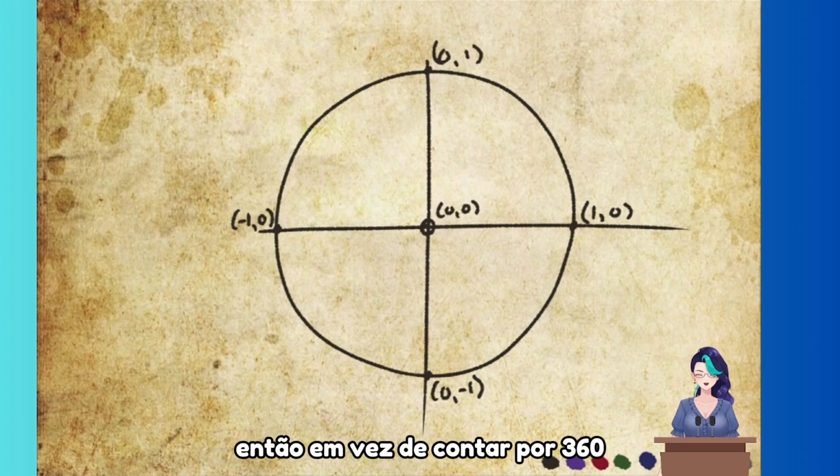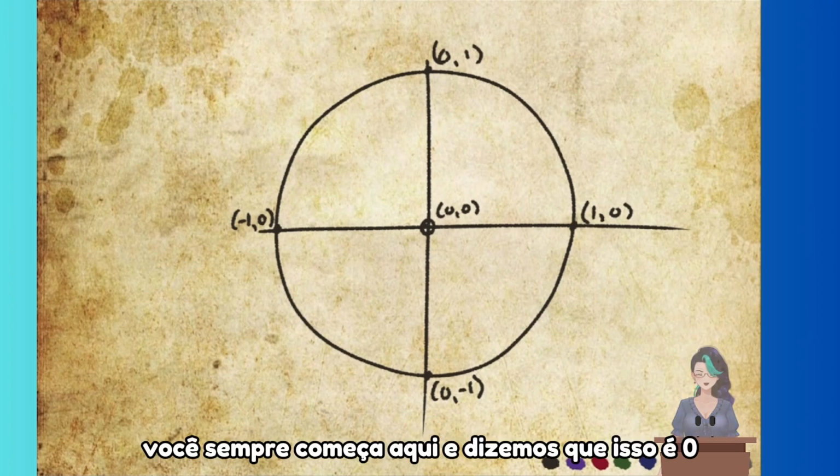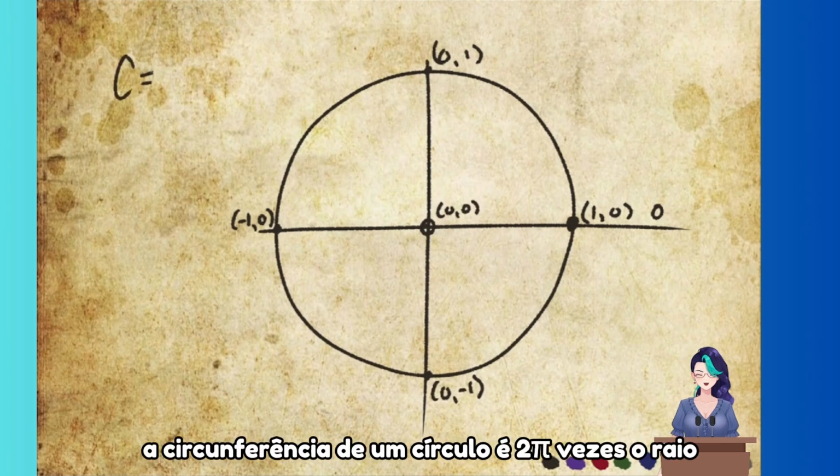So instead of counting it by 360, there's another way to count angles. And that is actually just by using the circle's geometry itself. You always start over here, and we say this is 0. And we use the equation for the circumference of a circle. The circumference of a circle is 2 pi times the radius.